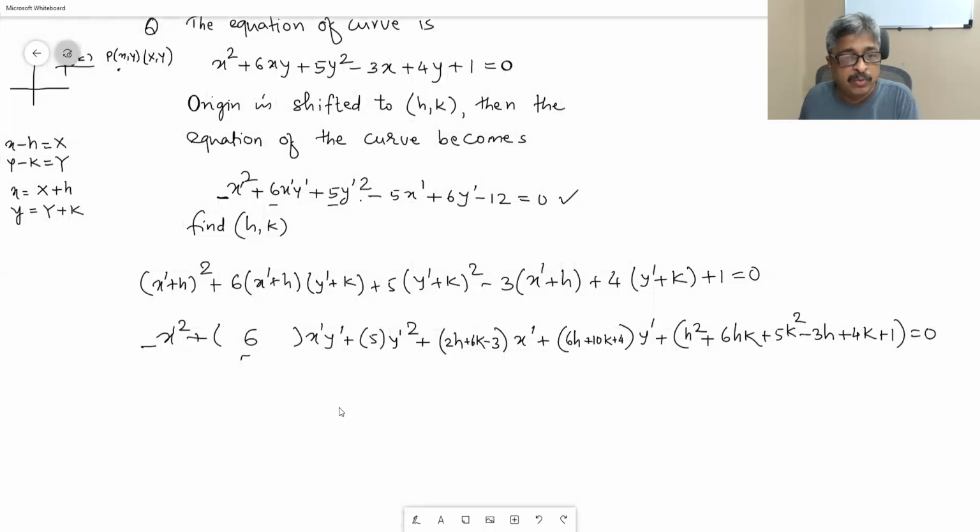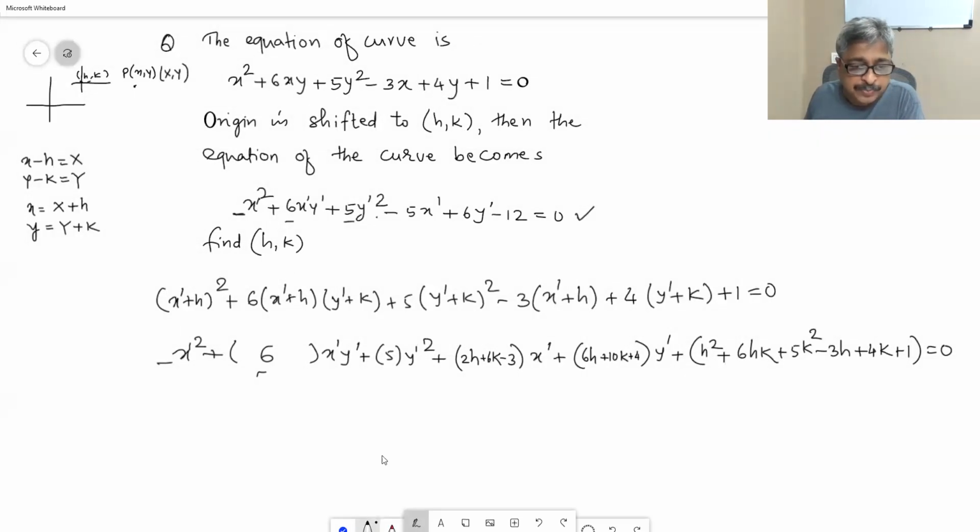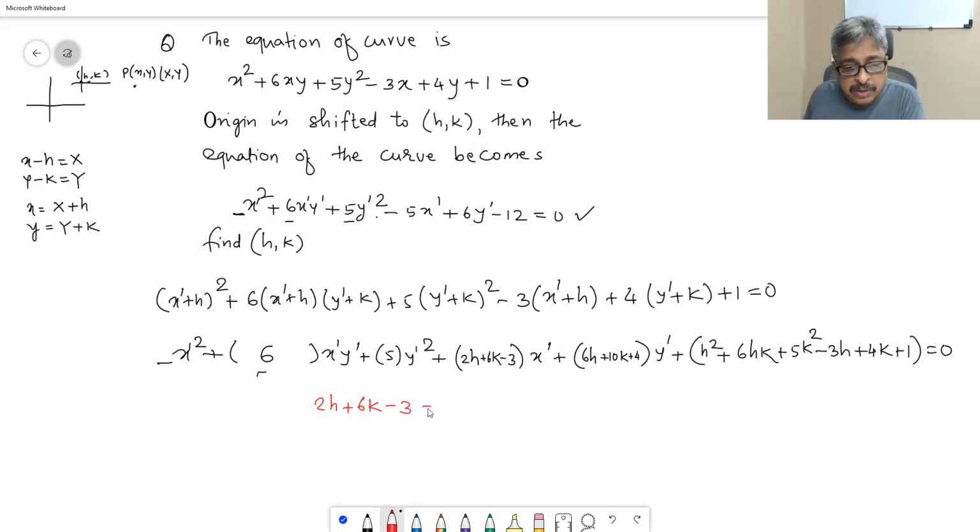Now let us see what is the equation that we get. If we compare x dash coefficient, we get 2h plus 6k minus 3 is equal to minus 5.